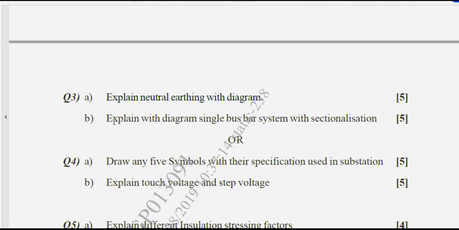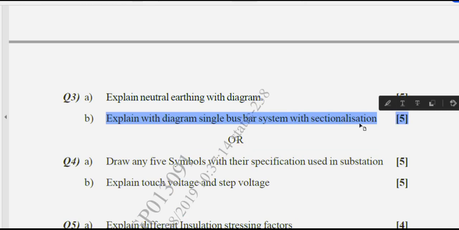So the question is, explain with diagram the single bus bar system with sectionalization. For this, you have to write the definition of the single bus bar system and draw the diagram of single bus bar with sectionalization.